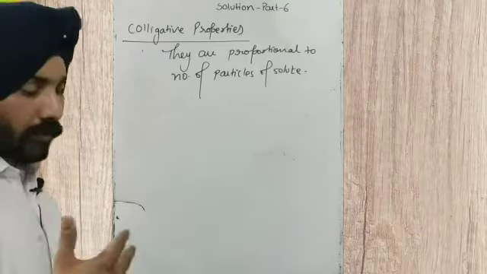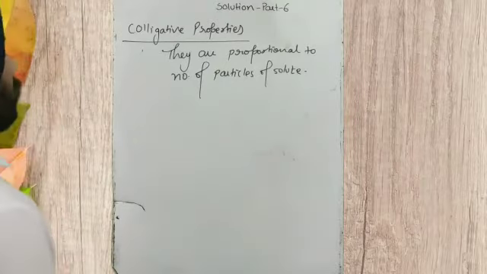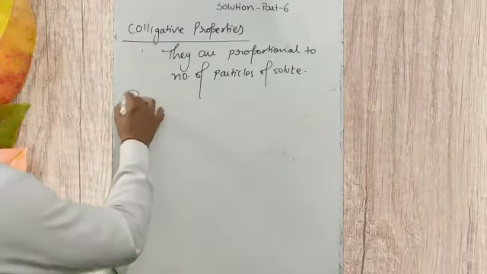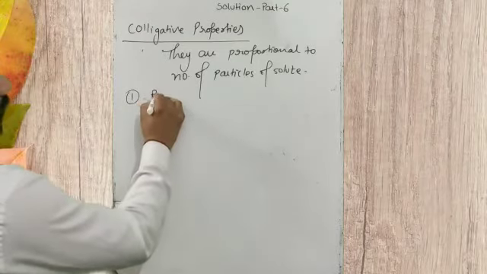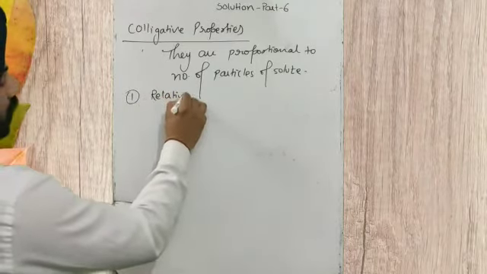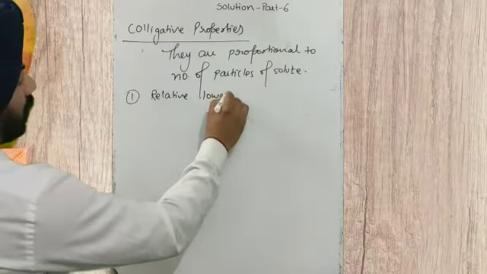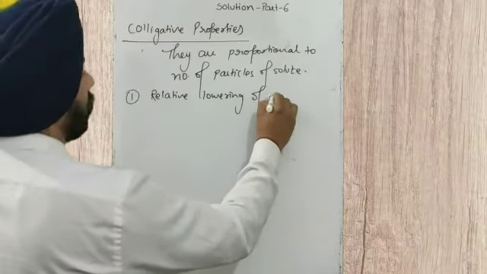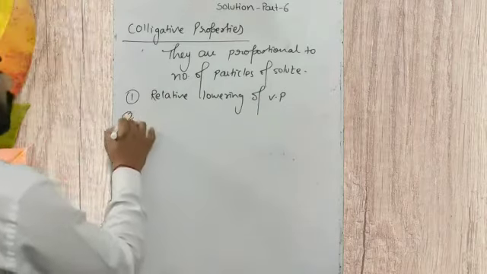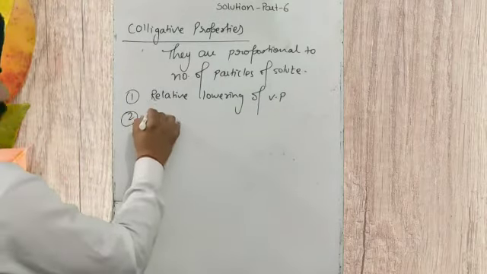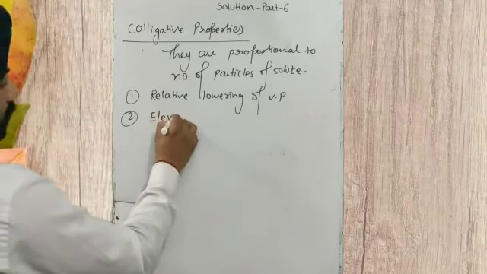If we classify the colligative properties, there are four basic types. The first is relative lowering of vapor pressure. Second, it is elevation of boiling point.